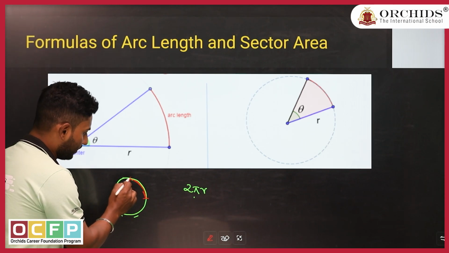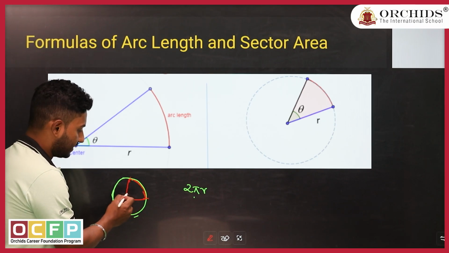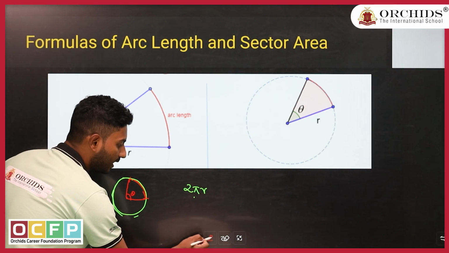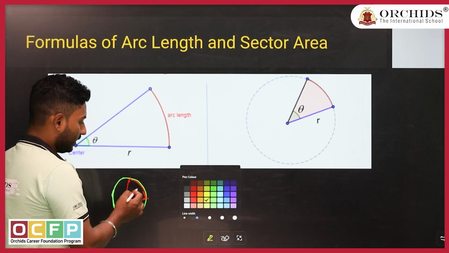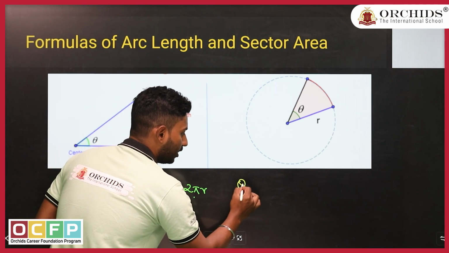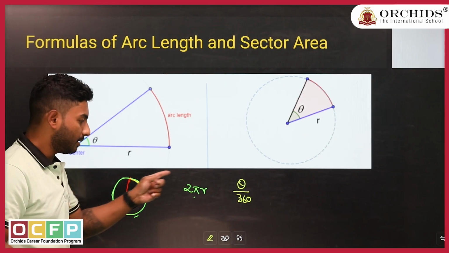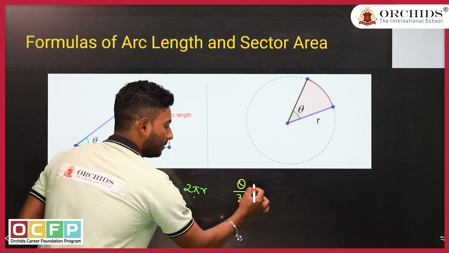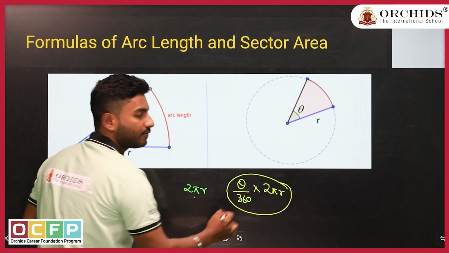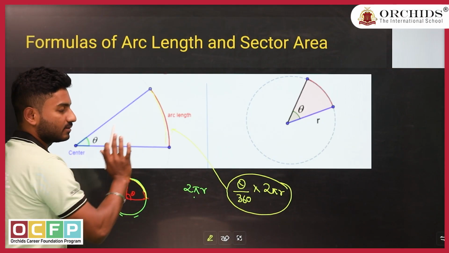They will give you an angle subtended by this particular arc at the center. Let us consider it to be theta. To find the length of this arc, you just find the ratio of the angle theta by 360 and multiply with 2 pi r. So here is the formula for the arc length.